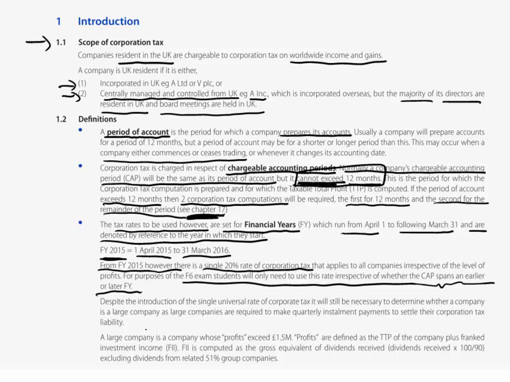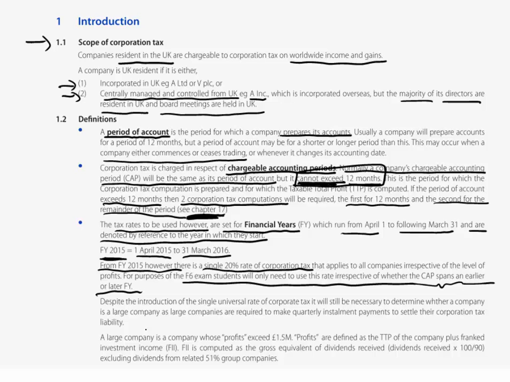And those terms now are redundant in all but one sense. Although whatever size of profit we have on the chargeable accounting period, there is only one tax rate, the universal 20% tax rate, to apply.